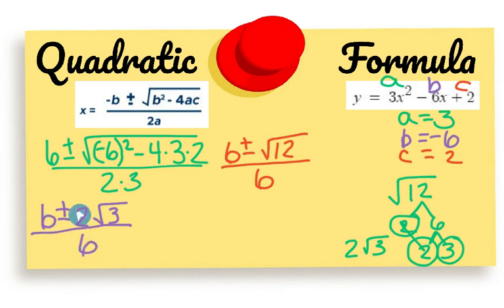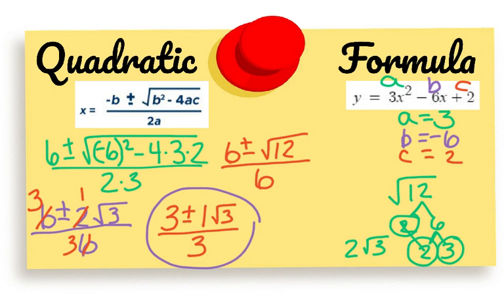And it has to be all 3 of them, not just 2 of them. I can divide all of them by 2. If I divide them all by 2, we're going to end up with a 3 there, a 1 there, and a 3 there. So we end up with 3 plus or minus 1 square root of 3, all divided by 3. I cannot simplify this anymore.